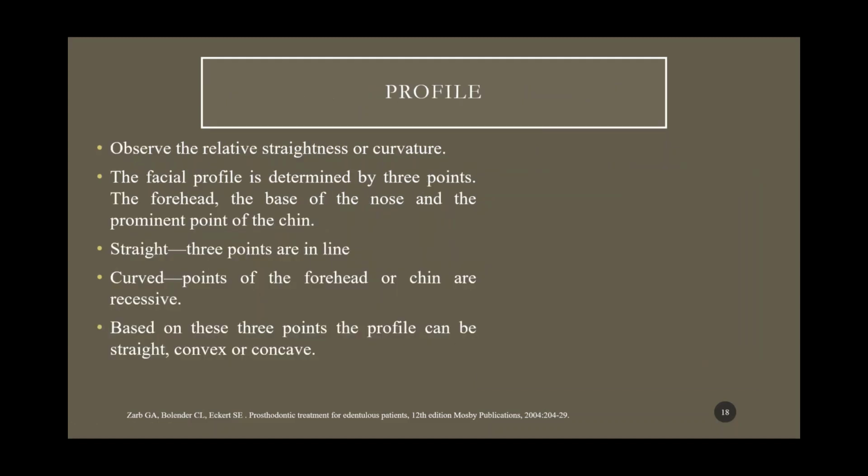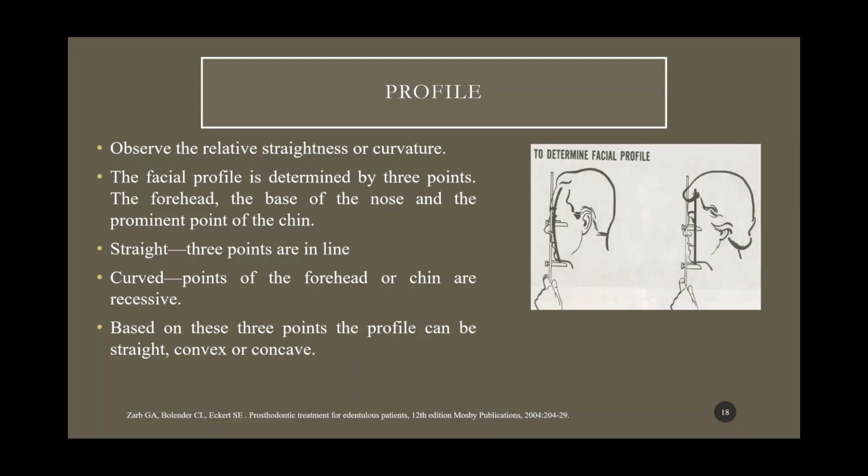Then coming next is the facial profile. In this, we observe the relative straightness or the curvature of the facial profile in a natural view. The facial profile can be determined by 3 points: the forehead, the base of the nose, and the prominent point on the chin. The facial profile can be straight, convex, or concave.